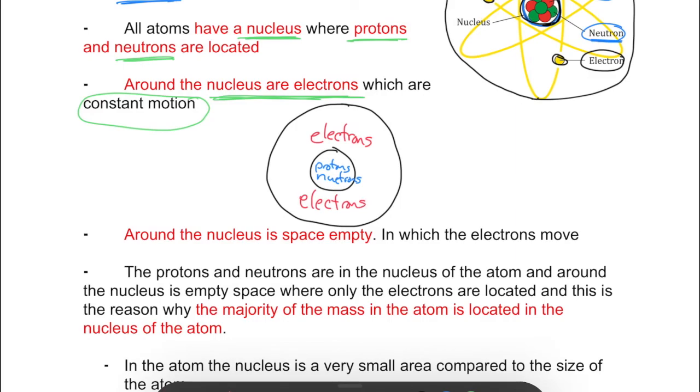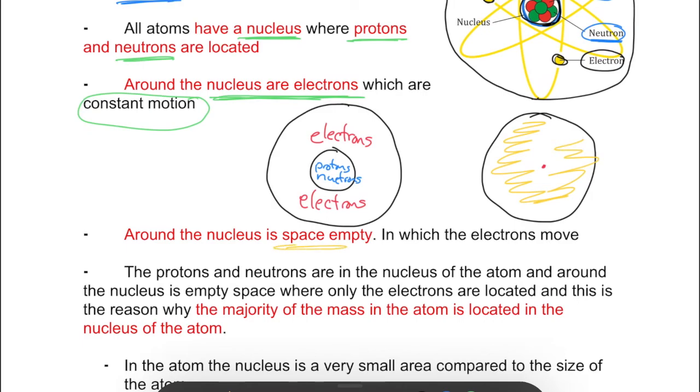And you need to understand that these sketches are not real, because if this is the atom, the nucleus would be like a dot in the center. This is how small the nucleus is compared to the size of the atom. All this space around here is empty space where the electrons are always in motion.